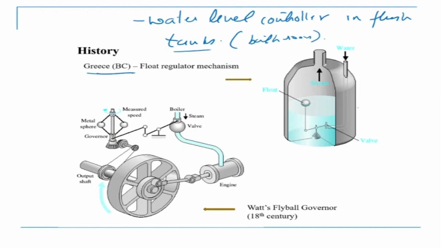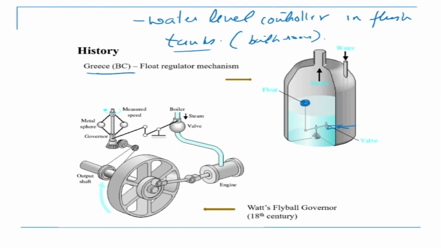So this is showing a basic water control system in which you have the water inlet, which is shown here. Water comes in from here, and there is a valve which is connected to this float. This float is a ball filled with air. You might have seen it in the tanks. If you remove the cover of a tank, you can see this ball floating.